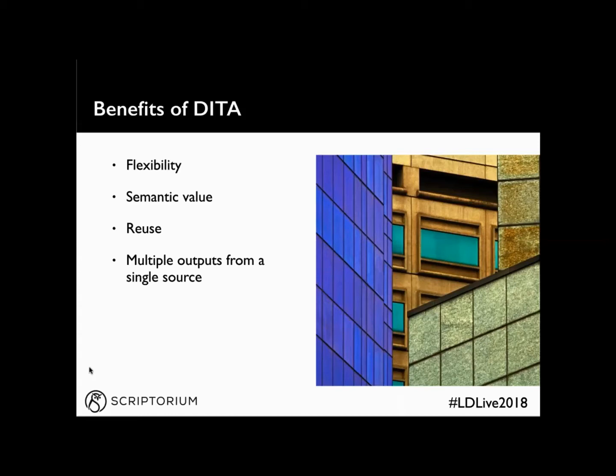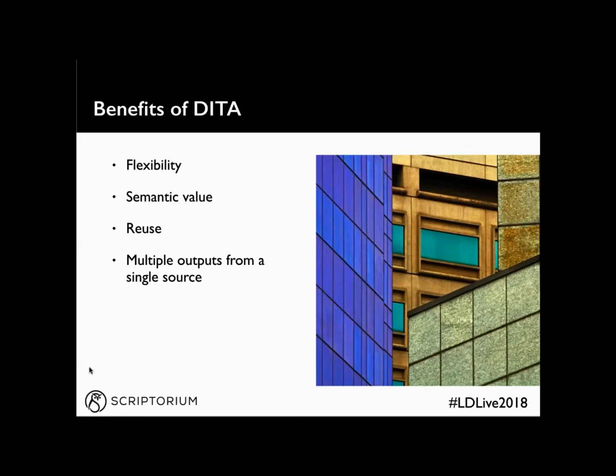So if you need to publish more than one type of output, for example, let's say you need PDF, HTML, and EPUB outputs. If you use something like DITA, that allows you to apply different formatting to the same set of source files. So that means that your PDF, your HTML, and your EPUB will all be consistent with each other because they were all published from that same source.